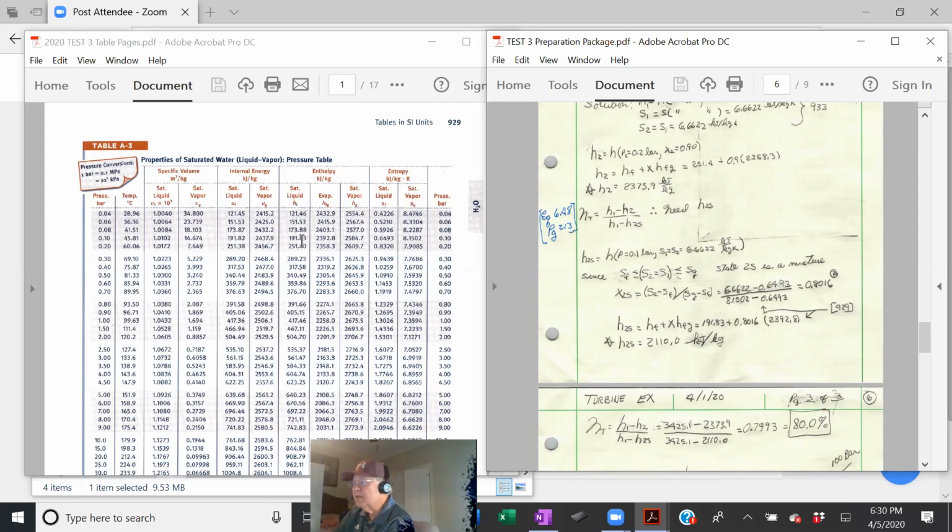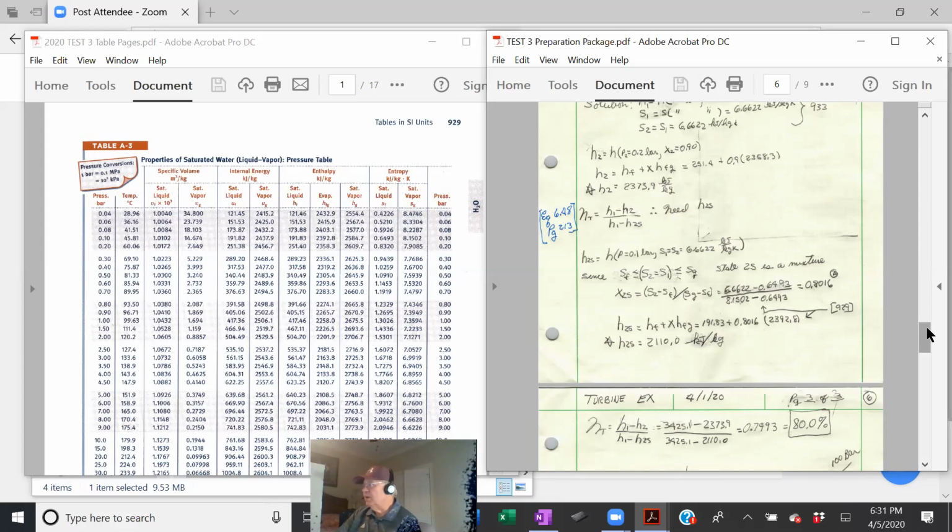What is H of FG? 2584.7 or whatever. So go through that calculation. Looks like 2392. Yeah, that's it. 2392 right there. Anyway, I get H2S is 210.0.